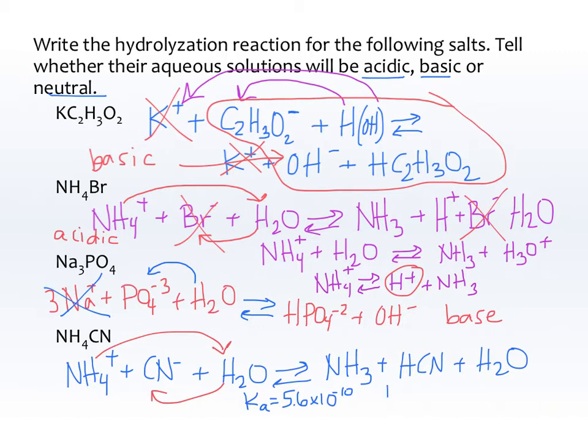For CN minus, the Kb is 2.5 times 10 to the negative 5. So the Kb for CN minus is larger than the Ka for NH4 plus. Kb is greater than Ka, which means the base is stronger than the acid, which means the base is going to overpower this reaction, and overall this will be a basic salt.